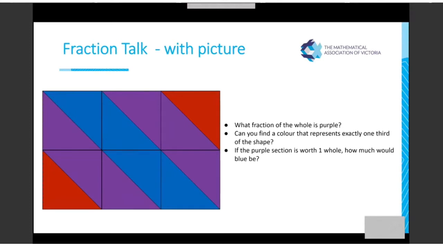That's just presenting the question a different way. Or if I told you that the total area of the shape was 5, what area would the red represent? I might just give you 2 minutes to choose one of those 3 and see if you could give me a solution to one of those, or your solution.